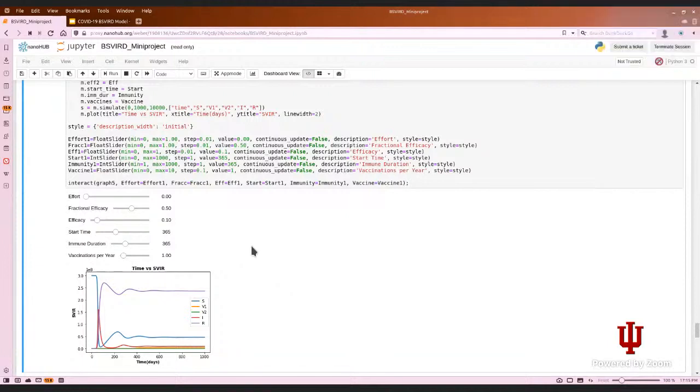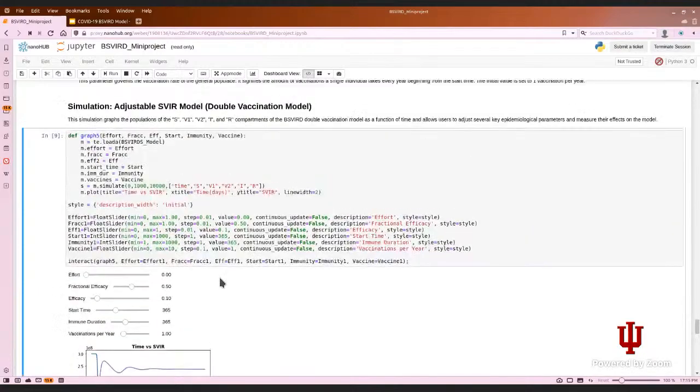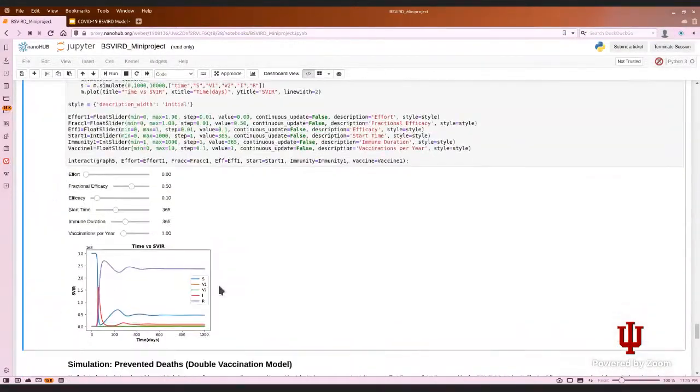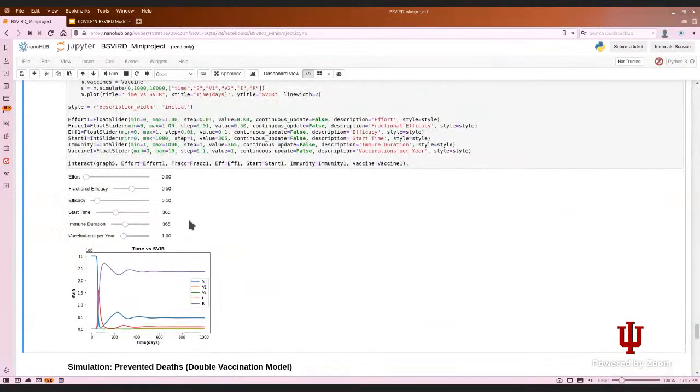Yeah, I think that is a good point. It does give you these widgets to interact with, but the defaults that they're set to, I think, are based on U.S. data on COVID. So the point of the widgets, I guess, is so that you could change it for other countries.